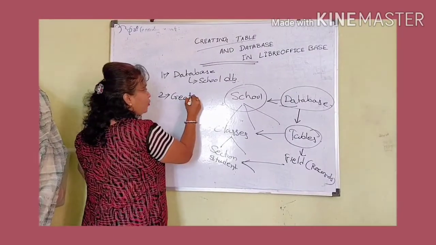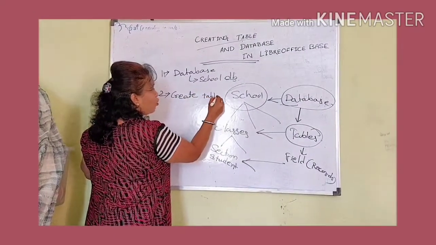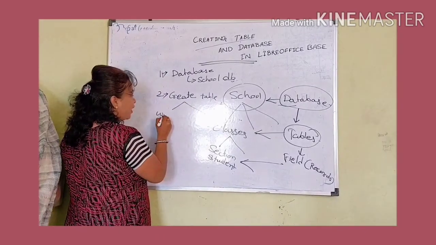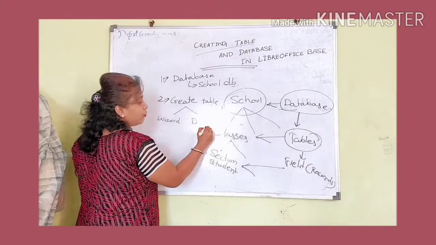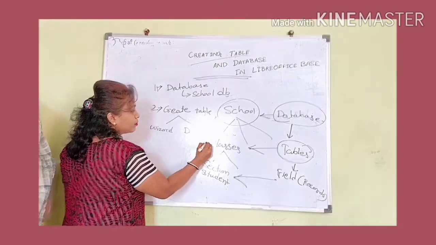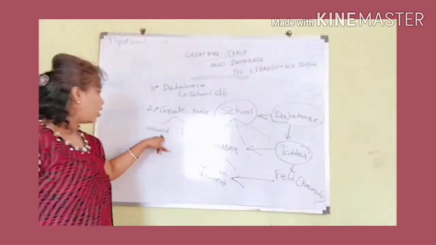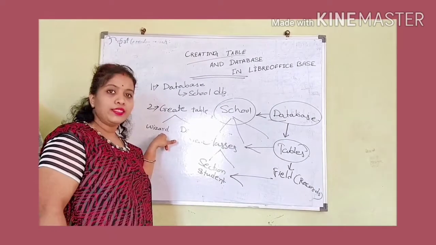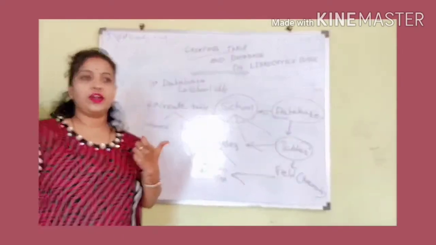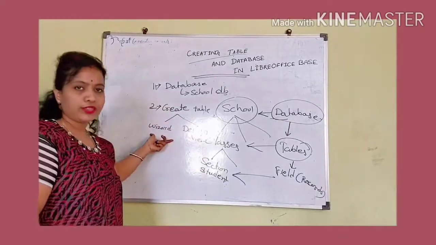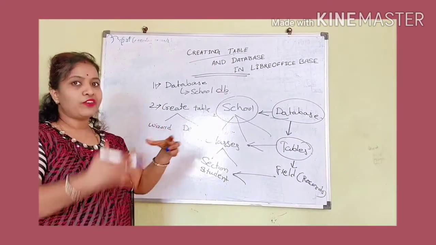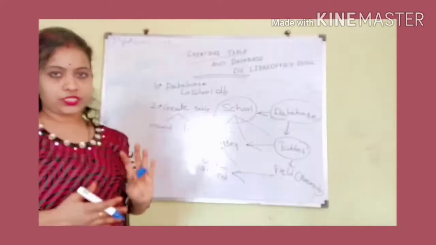Whenever you create a table, you get two options, that you can create it by using the wizard or by using the design view. Whenever you choose the wizard option, there are pre-made fields, pre-made tables, everything. You just select from the given options.